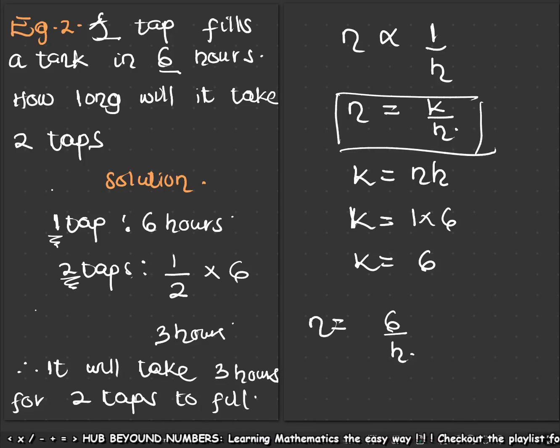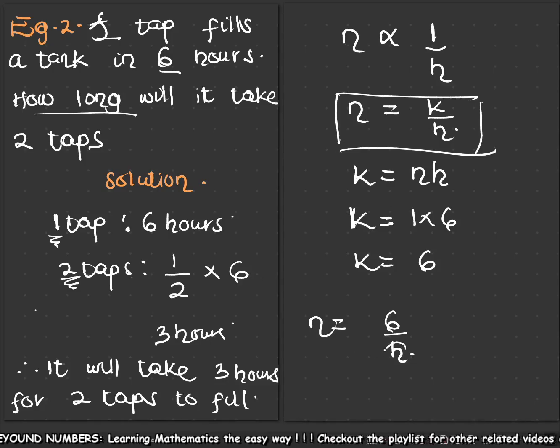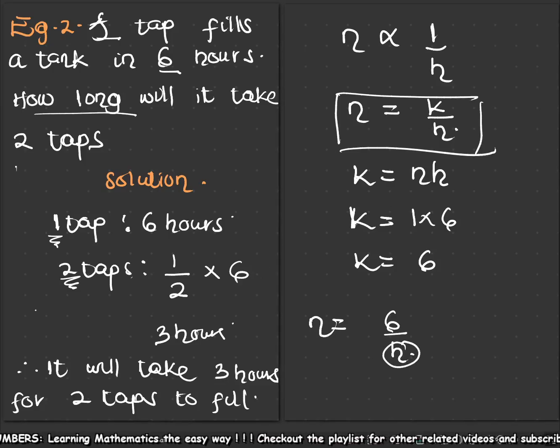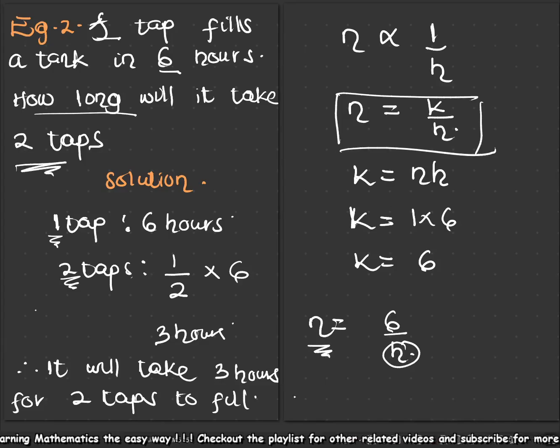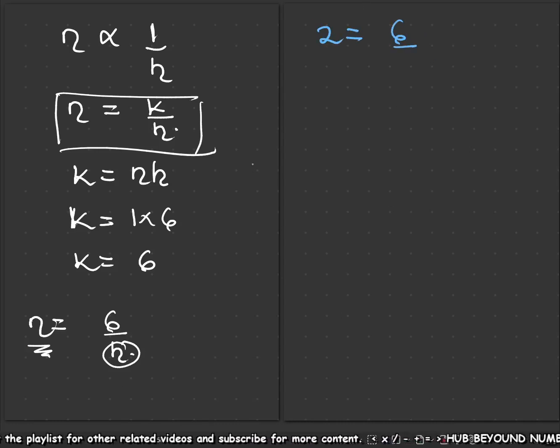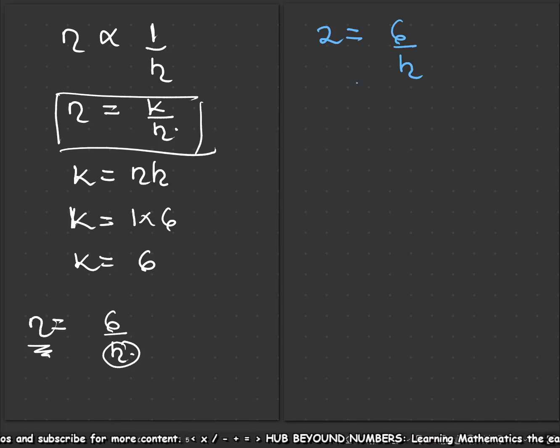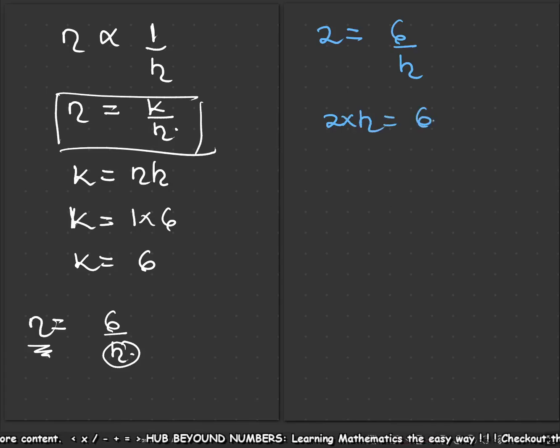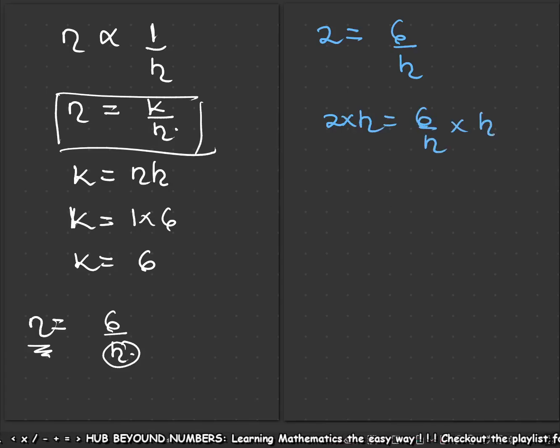Then we come back to the second set of parameters. They said how long? We are looking for the hours. Will it take 2 taps? Our n is equal to 2, right? So we do that substitution and we say that n, which is 2, is equal to 6 over the number of hours. All we are left to do is to what? Make h the subject, right? So making h the subject, we have 2 times h is equal to 6 over h times h.